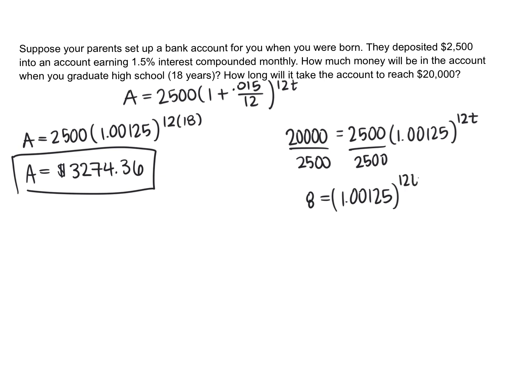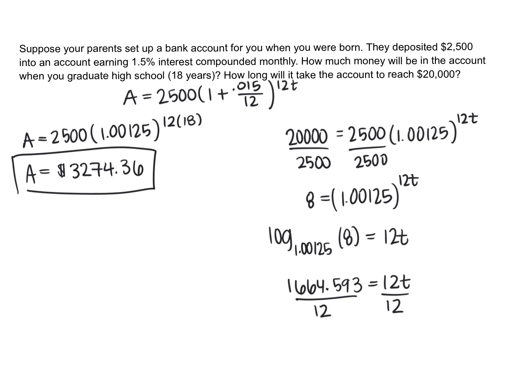to the 12t. Converting it to logarithmic form, we have log base 1.00125 of 8 equals 12t. Using our change of base formula, we do log 8 divided by log 1.00125, and we get 1,664.593 equals 12t.